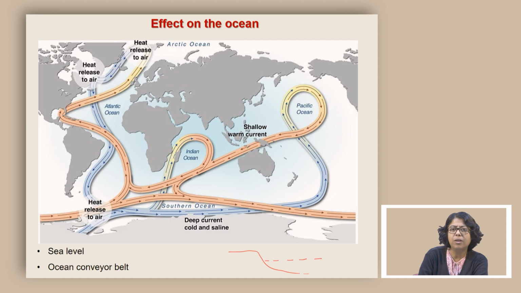This sea level fluctuates a little bit depending on which part of the day you are looking at, whether it is being affected by the tides. But very importantly, if the global temperature changes, it also affects the sea level.